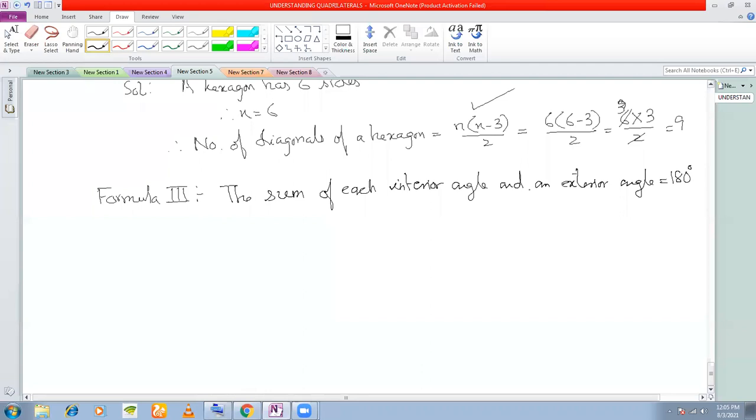Fine. So let us take a regular polygon, say a square. A square is a regular polygon, all sides are equal.